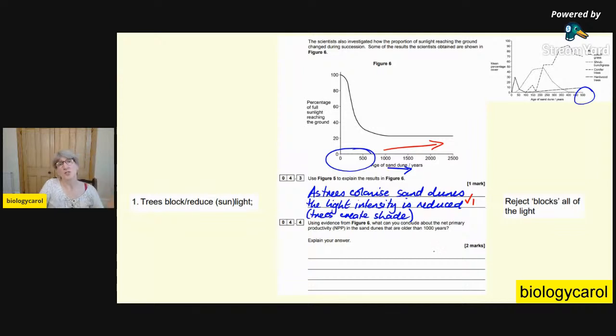NPP equals GPP minus respiratory losses. GPP being gross primary production. Gross primary production is basically the amount of glucose that a plant can produce through photosynthesis. Some of that glucose is used up in respiration.